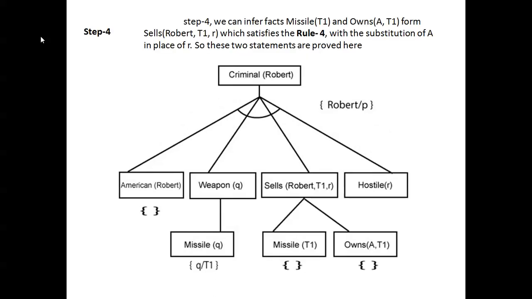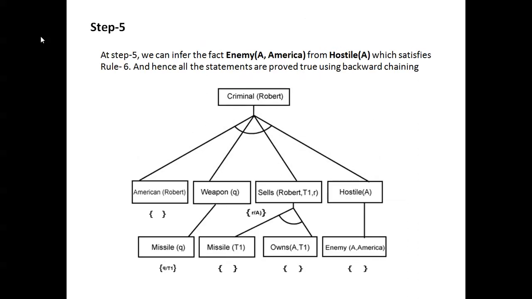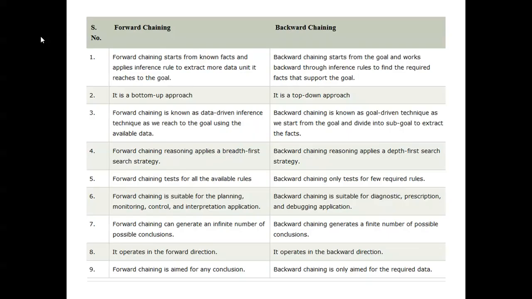Step 4: again they added the sells part, missile and owns. We can infer the facts missile and owns from sells by Robert, which satisfies rule 4 with the substitution. Step 5: we can infer enemy A America, which satisfies rule 6. So these are the rules: missiles, owns, enemies, etc.